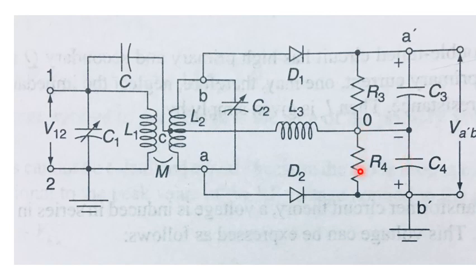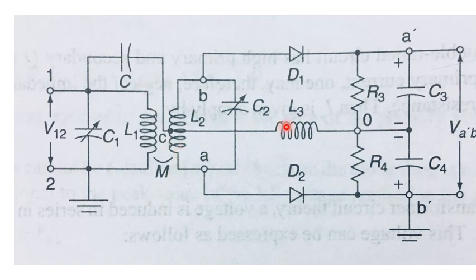Therefore, we can say that R4 can be taken as an open circuit and the circuit arm C, L3 and C4 is directly connected to the ground. Or in other words, this circuit C, L3 and C4 comes directly in parallel with the primary circuit, as also shown in figure 1 of slide number 4.